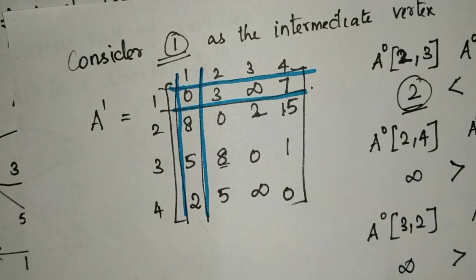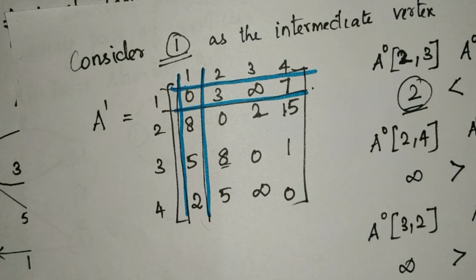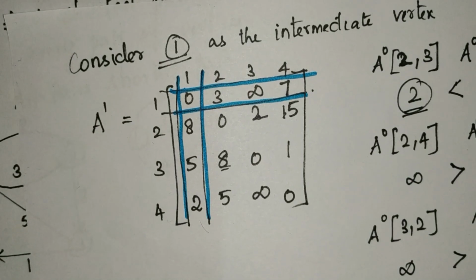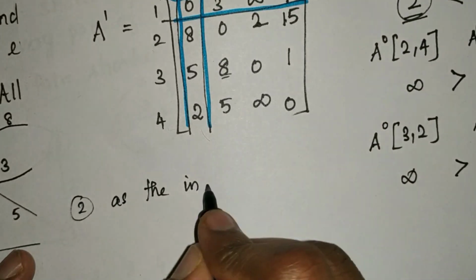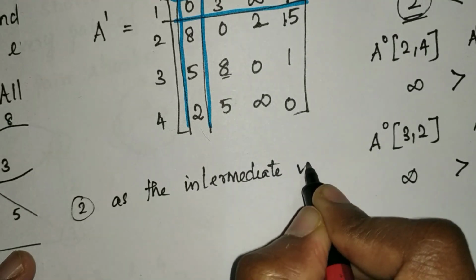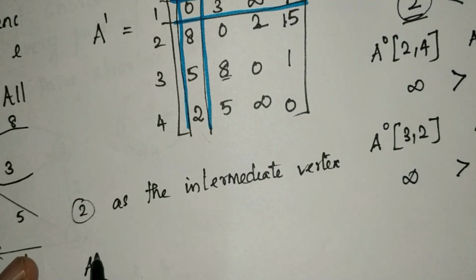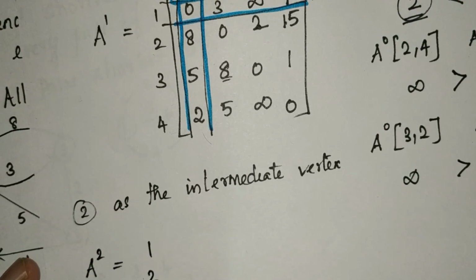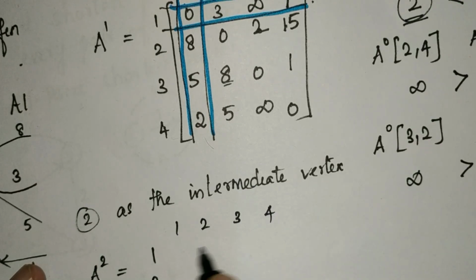Now let us take another set of decisions having 2 as the intermediate vertex. So again, having a matrix with 4 vertices.